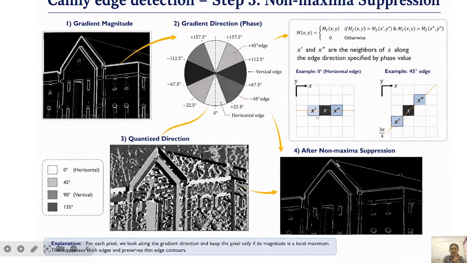Let's say it is the angle plus 157 degree. I take the pixel I am doubtful about and look at the neighbors of that particular pixel along that angle. Now I have to check: it is an edge, m of x comma y, only if its magnitude is greater than the magnitude of this neighboring pixel and also greater than the magnitude of the other neighboring pixel.